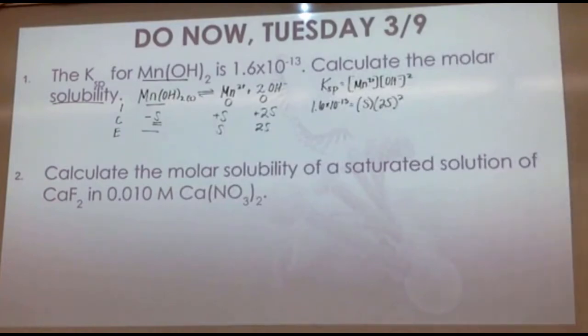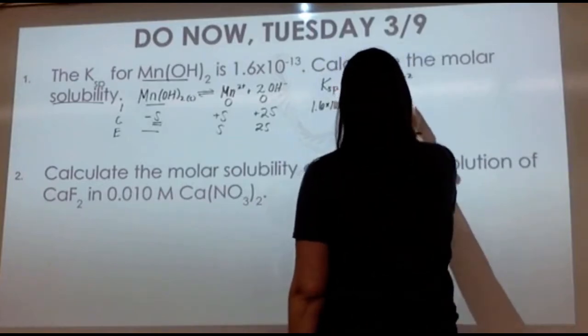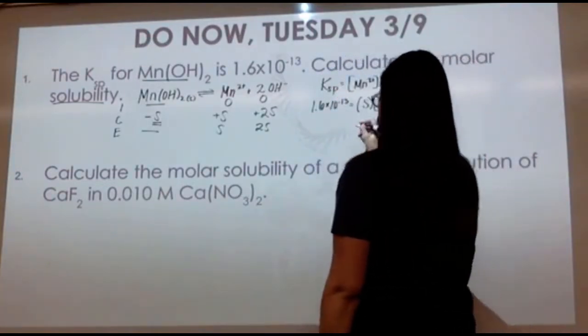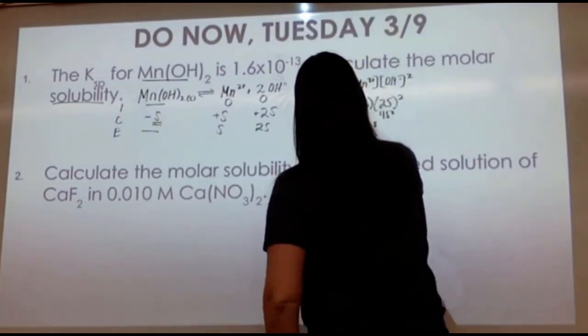Again, be careful with this algebra, because this becomes 4S squared. 4S squared times S is 4S cubed.